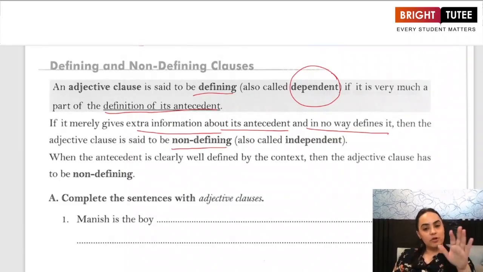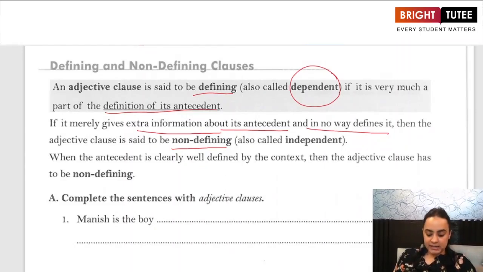Antecedent means the noun which is exactly before my adjective clause. The adjective clause is non-defining if it is only supplying some extra information related to the same.